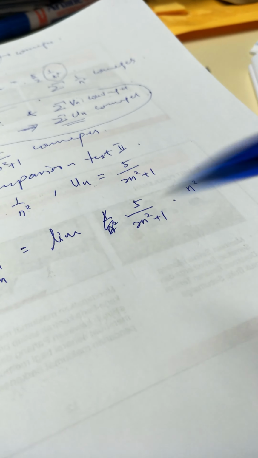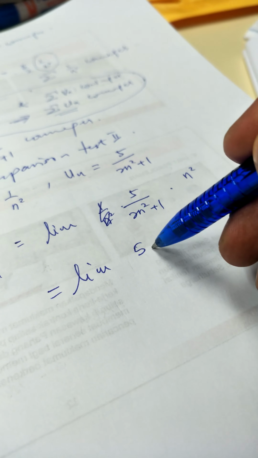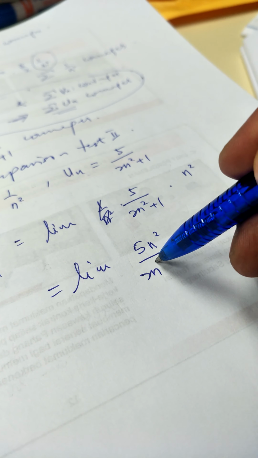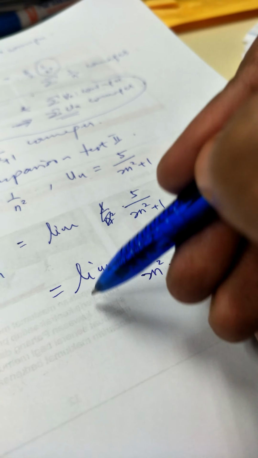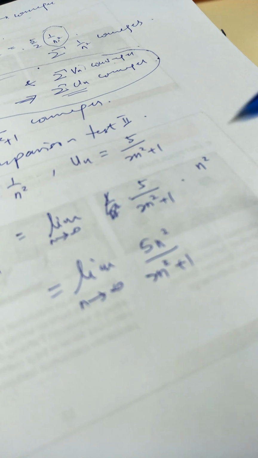So this is the limit of 5n squared over 2n squared plus 1. If you take the limit as n goes to infinity, that gives us 5 over 2, which is positive.